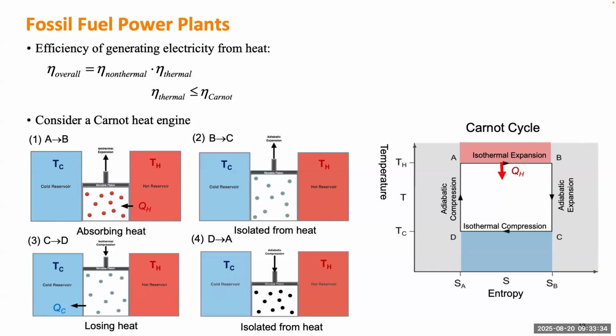In the first step, the heat will come from the hot reservoir going to this tank. And in the third step, the heat will leave the tank to the cold reservoir. So the sizes of the two heats are different, and the gap will be how much work this engine can do.